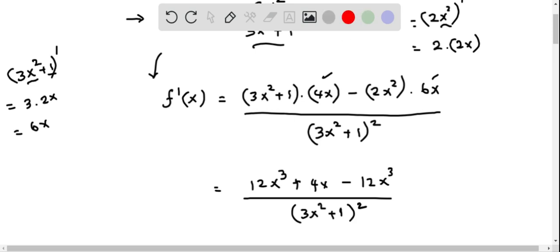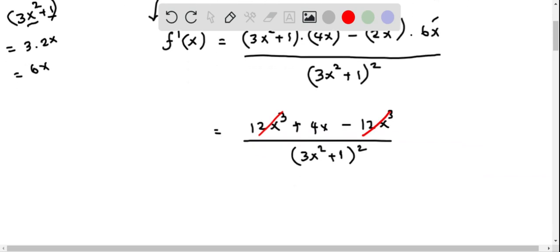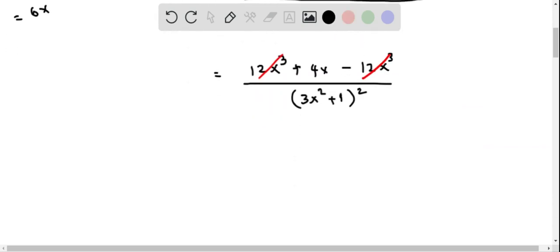We see that this 12x cubed and negative 12x cubed get cancelled, leaving us only 4x divided by 3x squared plus 1 quantity squared. So this is the first derivative of the function f of x.